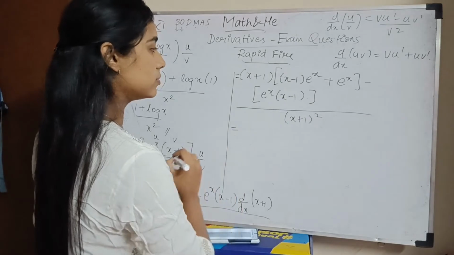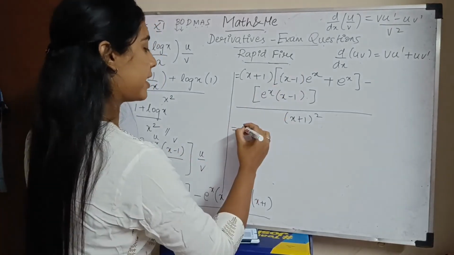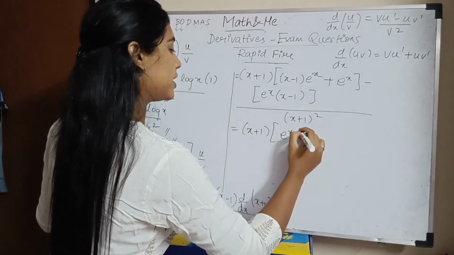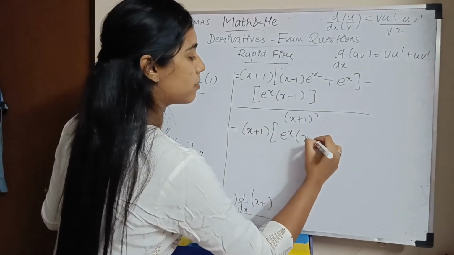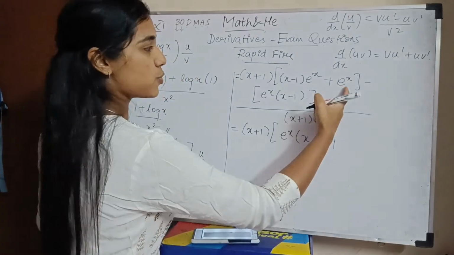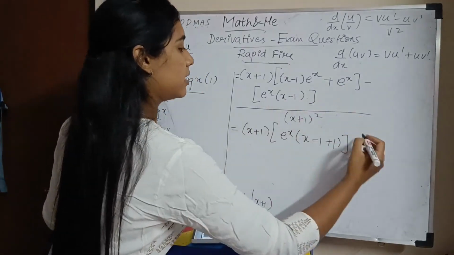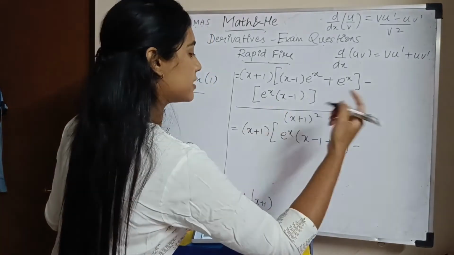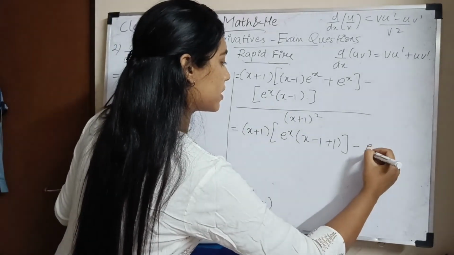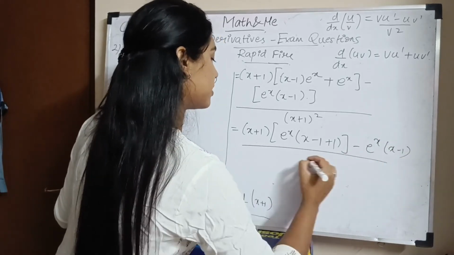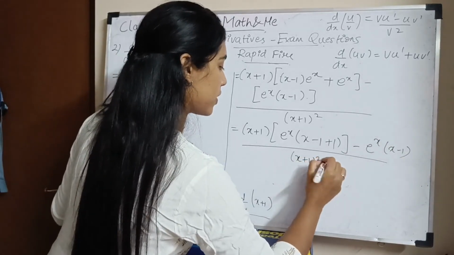Okay. So what do I have now? x plus 1 times e to the x common, I have x minus 1 plus 1, minus I have e to the x, x minus 1, divided by x plus 1 the whole square.